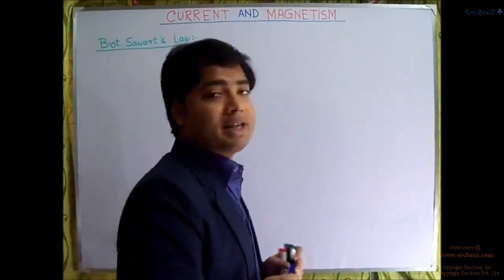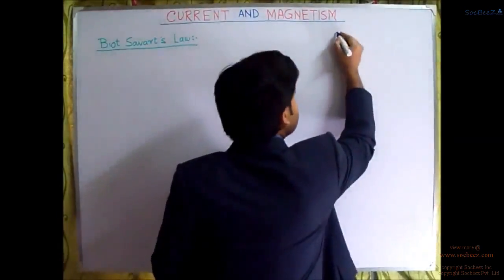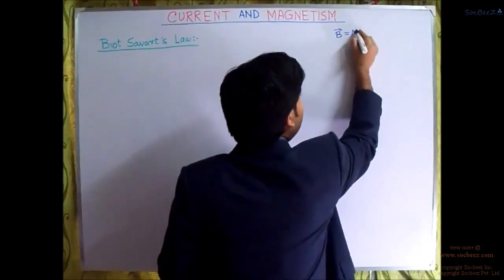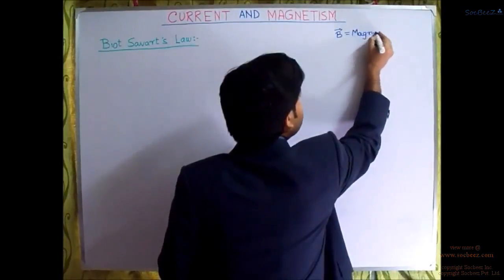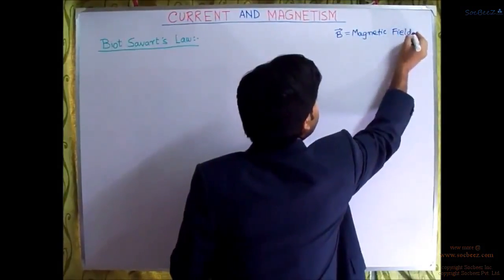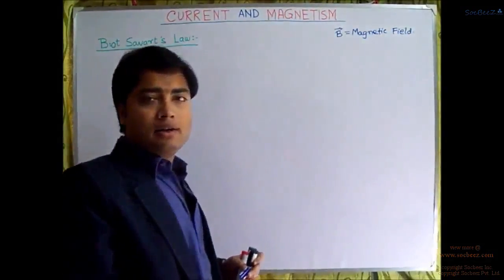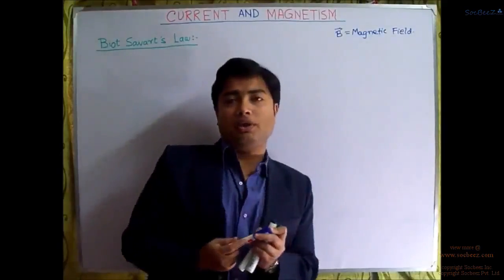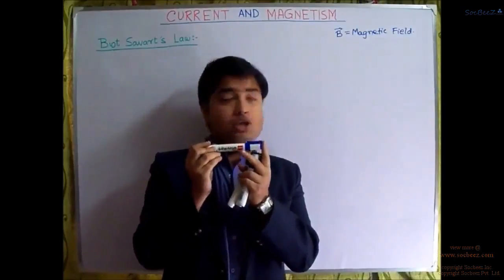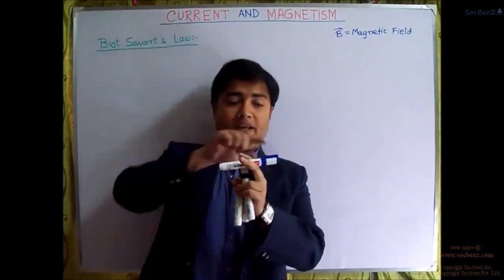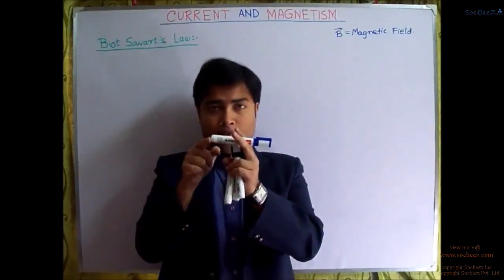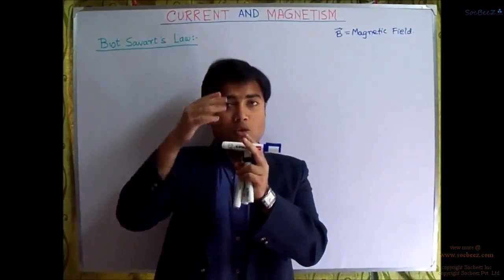First of all, let us recapitulate the things. B is known as the magnetic field. When a magnet has a north pole and a south pole, the magnetic lines of force due to this B come out from the north pole and enter the south pole outside the bar magnet.